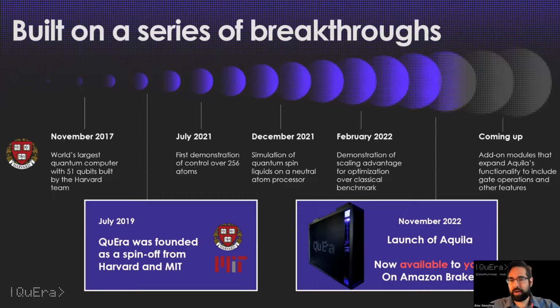We are now at the point where you can start doing all of these things on your own, thanks to the launch of Aquila on the Braket service. And we are building up to new tools and capabilities in the near term that are going to open up the possibility to work with much more complex problems, including gate-based quantum computing.